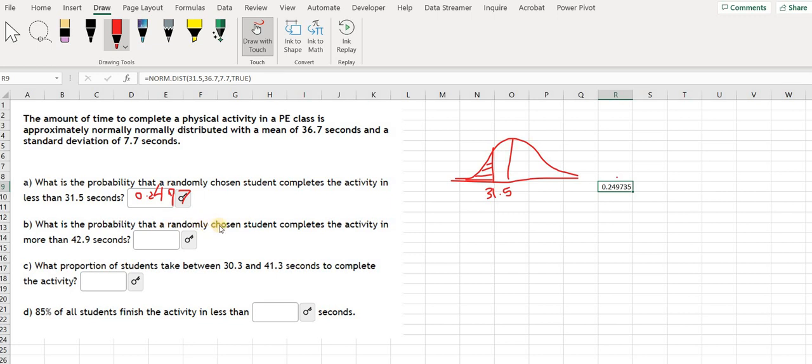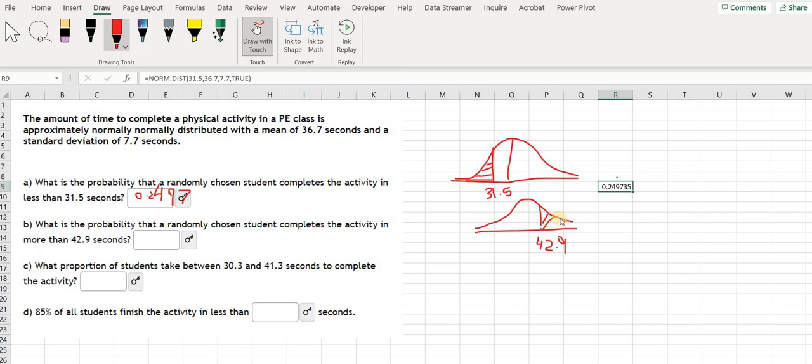What is the probability that a randomly chosen student completes the activity in more than 42.9? More than 42.9 means it's the area above a certain number. 42.9 is approximately here. It's a little bit above the mean. And more than means the area above.